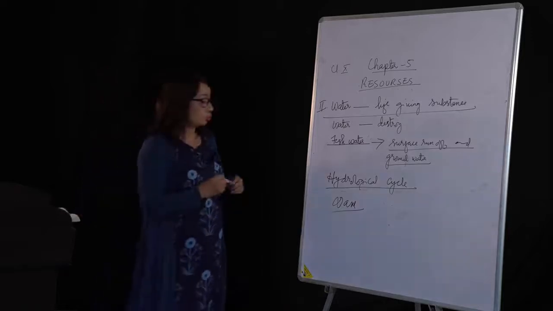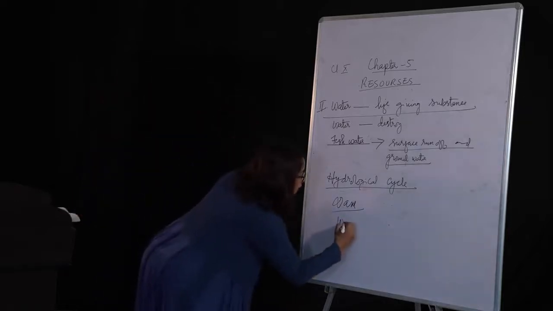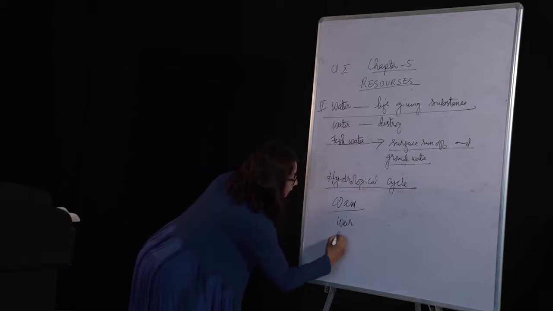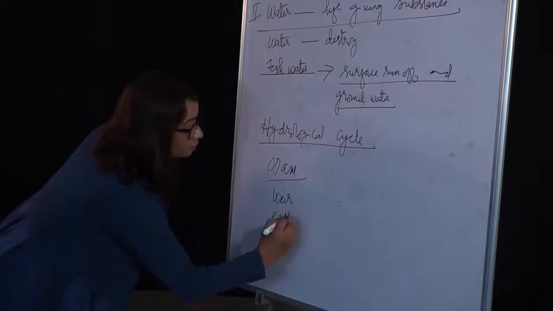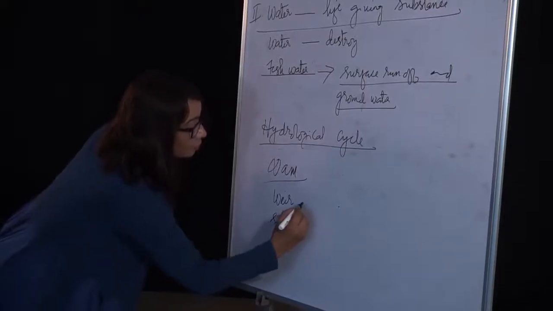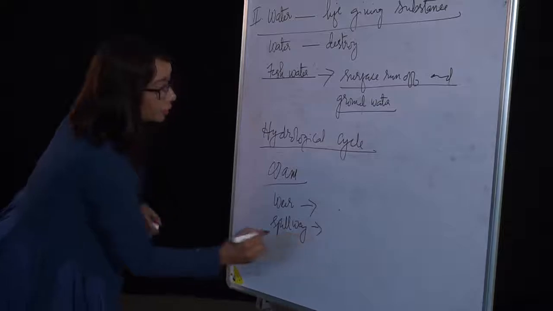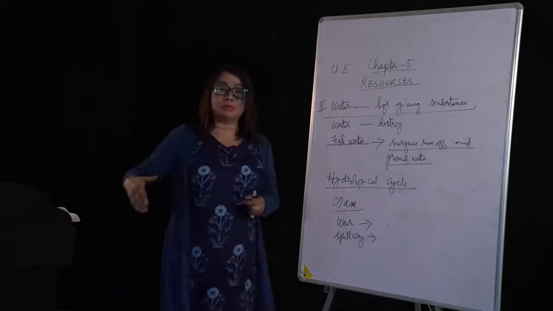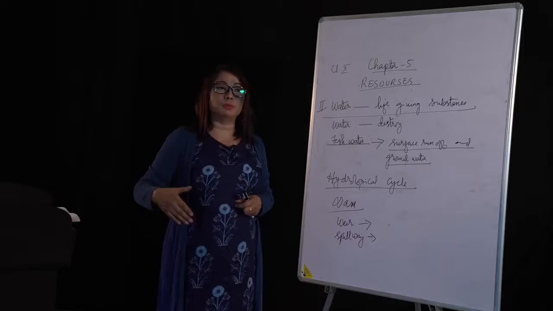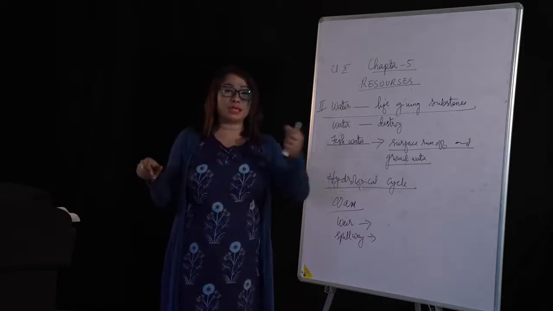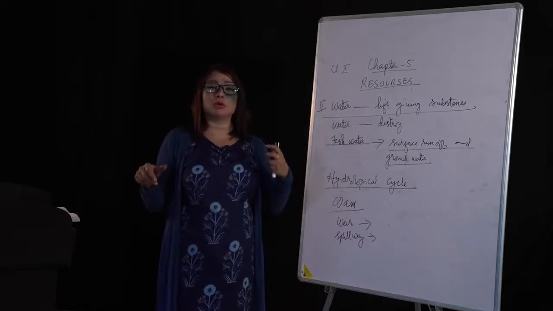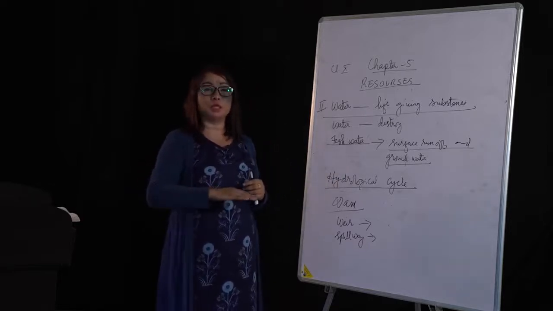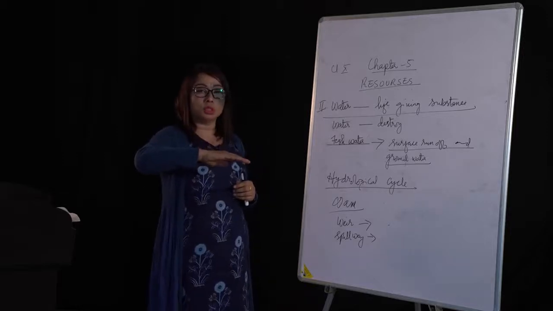Now in a dam, two words you have to remember, weir and spillway. These are two things that you will find in your textbook. A weir is, very simply put, a fence that is built across. It can also be a low dam that is built to raise the level of water.